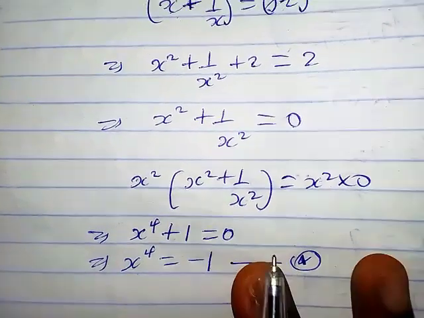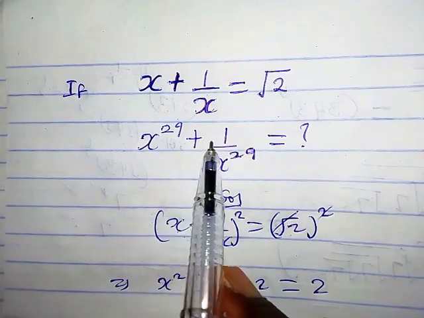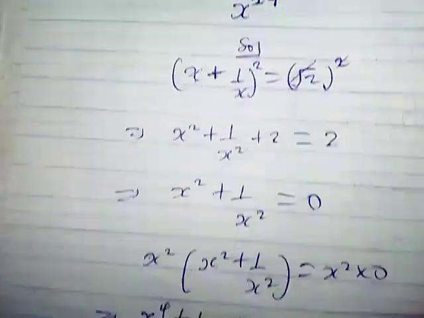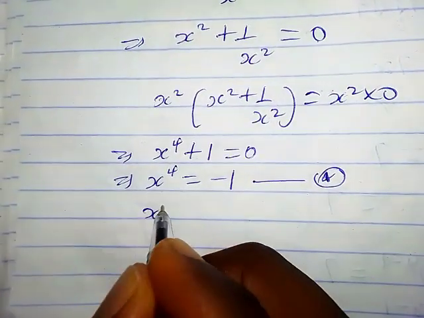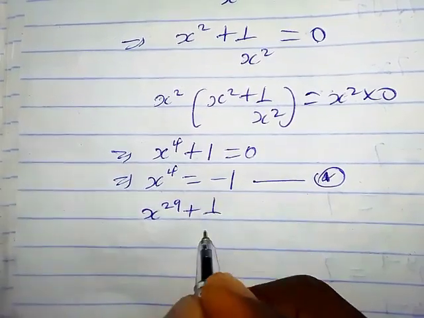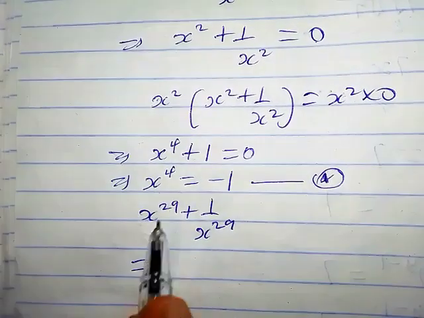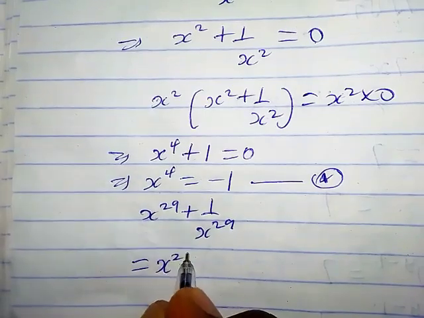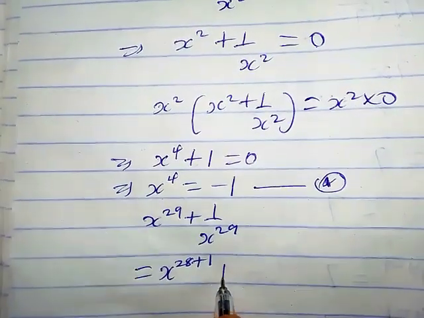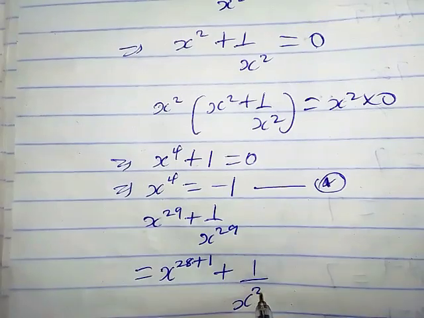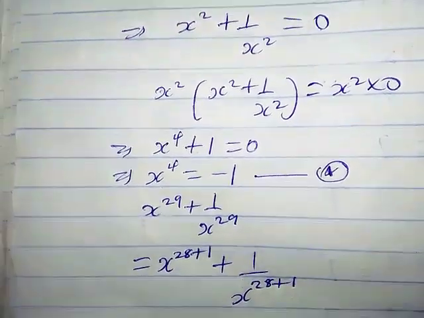So now back to what we are looking for. x raised to the power 29 plus 1 over x raised to the power 29. x raised to the power 29 can be written as x raised to the power 28 plus 1, plus 1 over x raised to the power 28 plus 1.